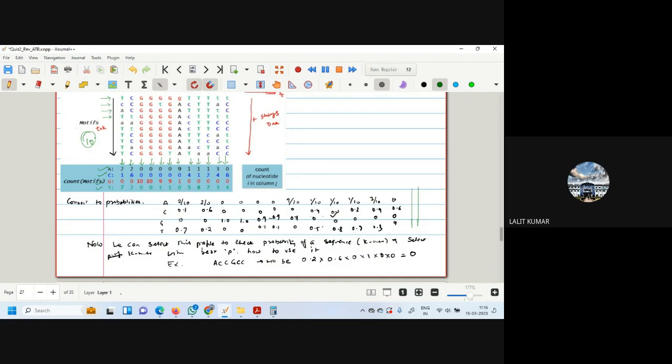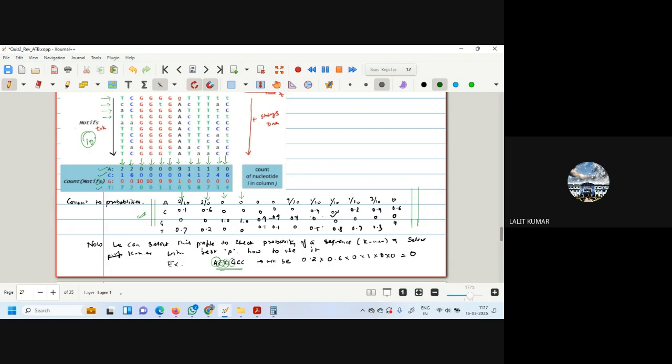For example, how to use it? If I'm checking ACCG, this is the profile I've got. For A, I take the value from the first column, 0.2. Then for C, I take it from the second column. The third C, I take from the third column. G from the fourth column.